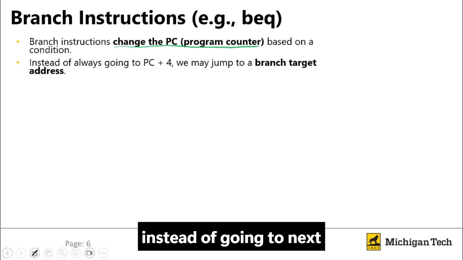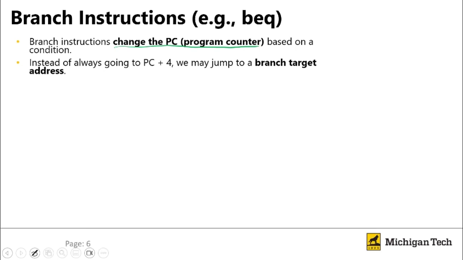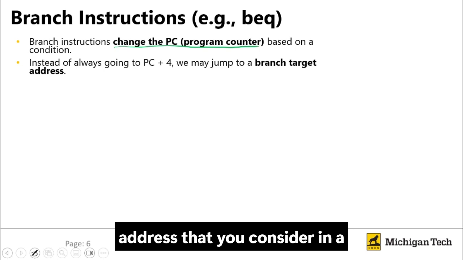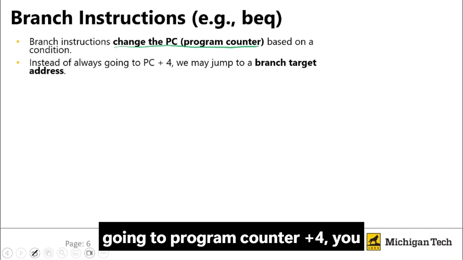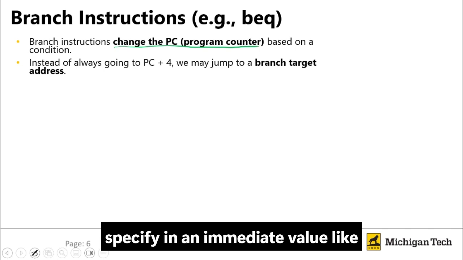Instead of going to the next instruction, going somewhere else, somewhere else specified with the address that you consider in a code, an immediate value. So instead of going to program counter +4, you go to another address that we specify in an immediate value.